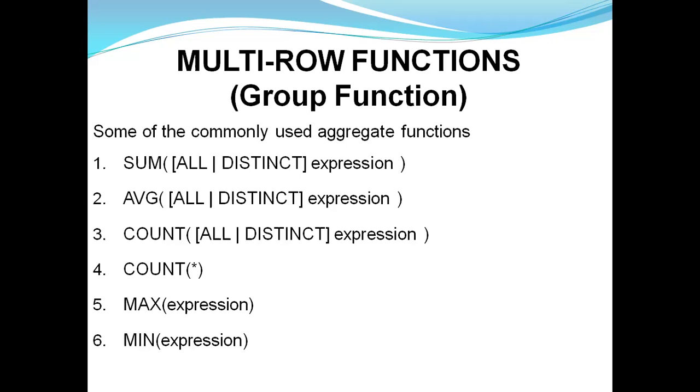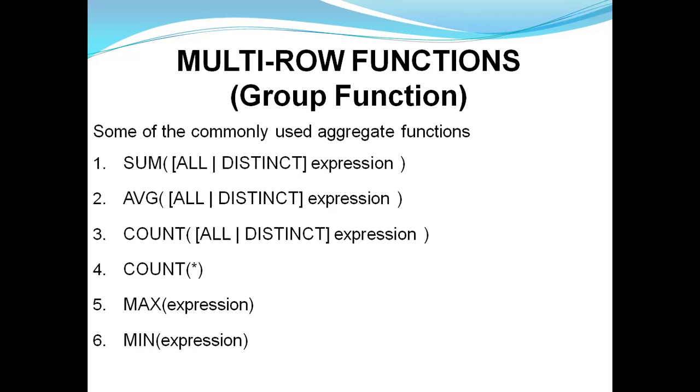That's why it is called a multi-row function. Now, in a multi-row function, there are certain things you have to keep in mind. First, it can be used with two parameters, all or distinct. What's the meaning of all and distinct? Let's say you have 10 rows available from where you are taking the input.